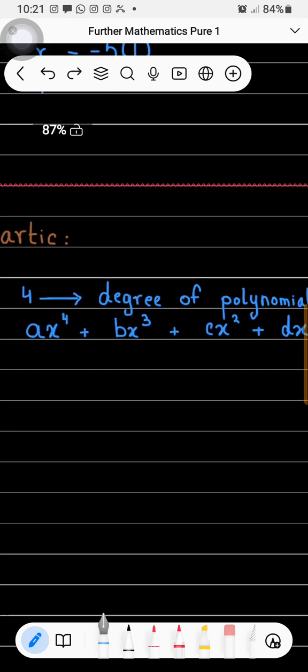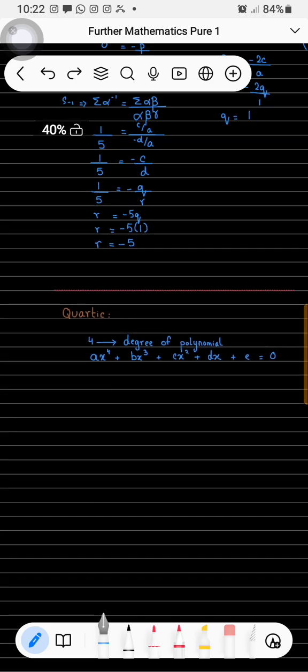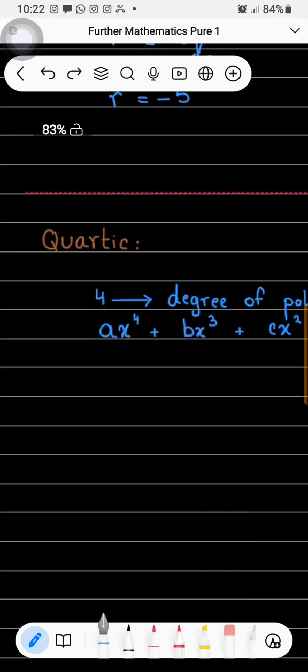formulas are derived. When we have the quadratic equation we have two roots, alpha and beta. When we got the cubic equation we got three roots, alpha, beta, gamma. And now we have the quartic equation, which means we will have four roots, alpha, beta, gamma and delta.